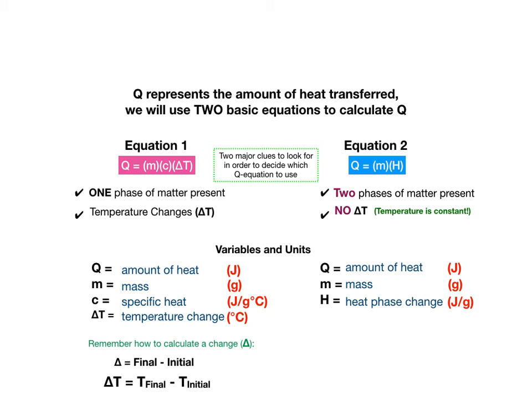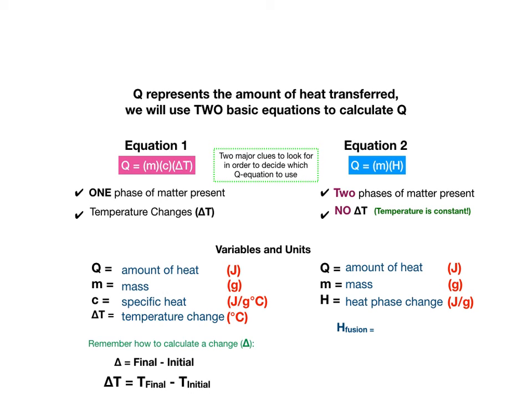Now, the H is specific to not only the substance, but the phase change the substance is going through. So we have two different types of H values per substance. If your substance is changing between the solid and liquid phase, solid to liquid or liquid to solid, we use the H of heat of fusion.